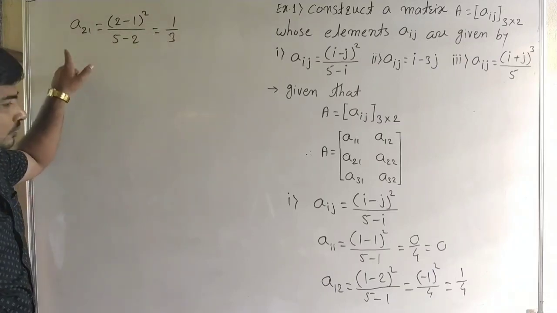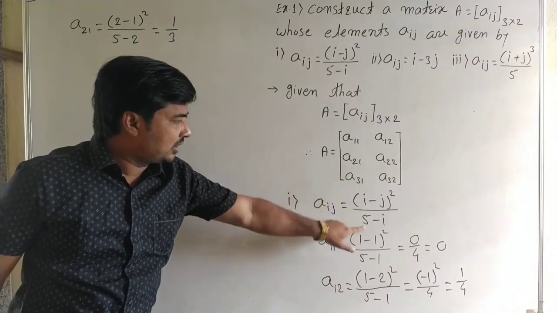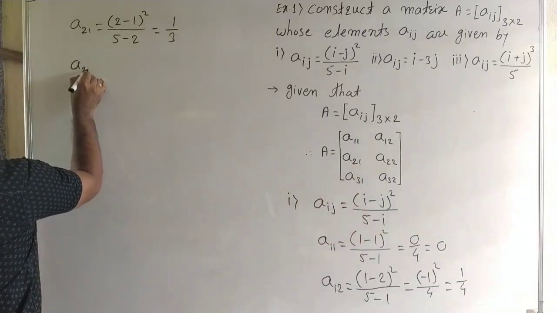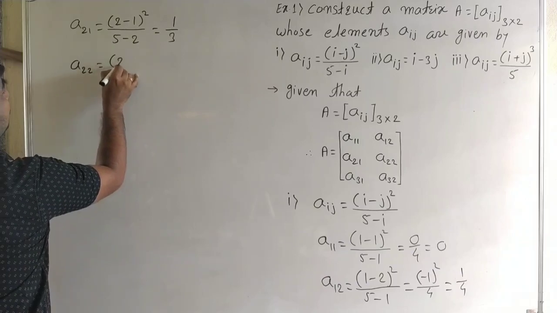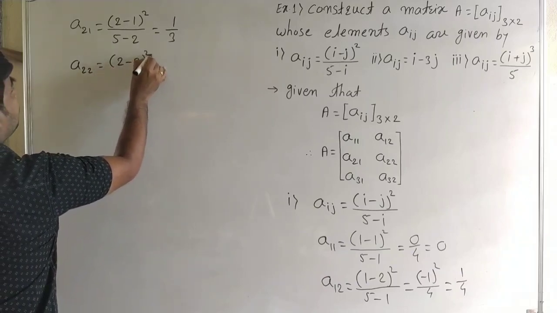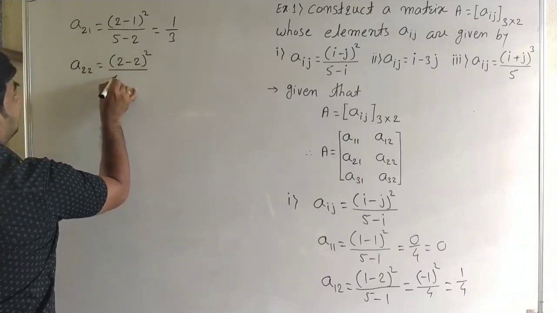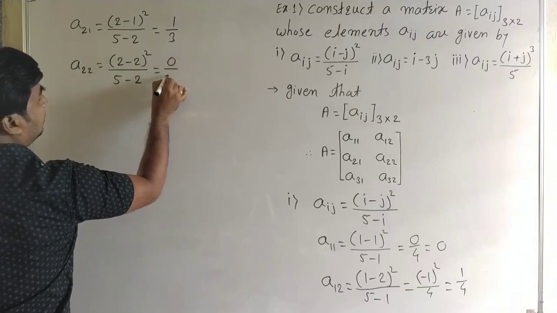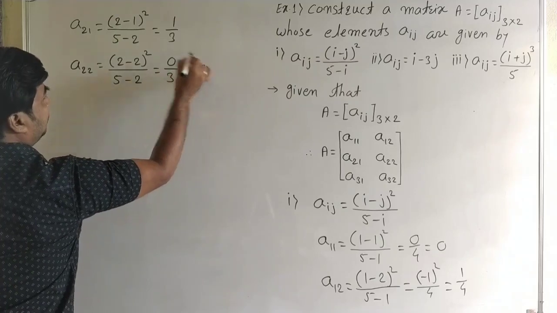See carefully, for 2, 1 it is 5 minus 2. Then a22, again it is (2 minus 2) whole square upon 5 minus 2. Again it is 0 upon 3, and it is 0.